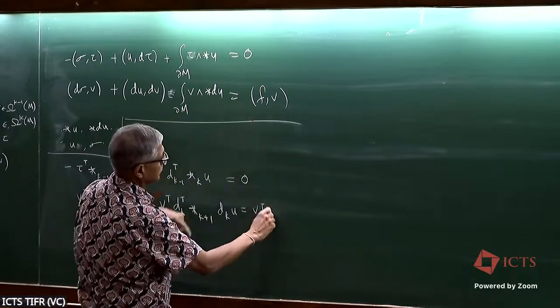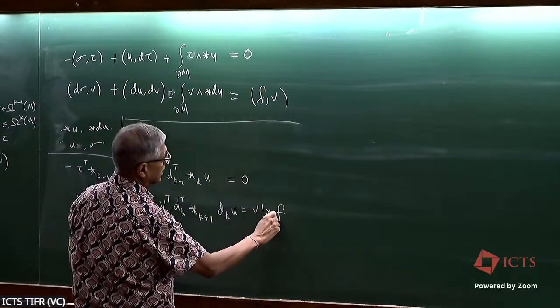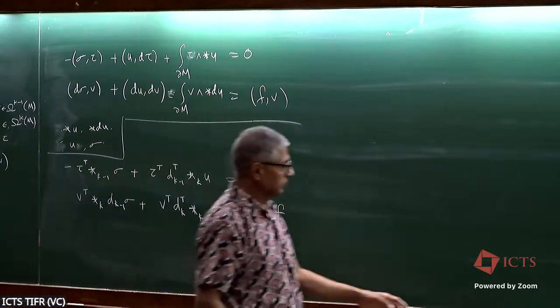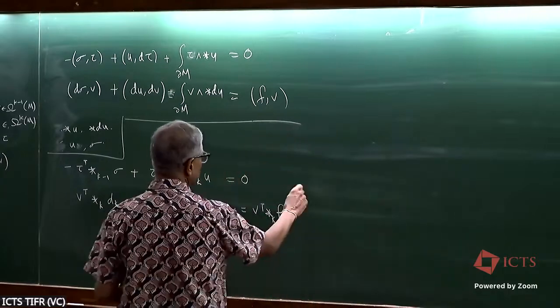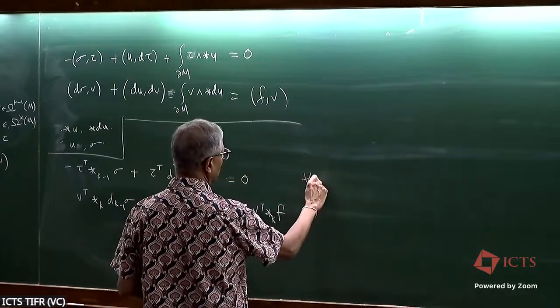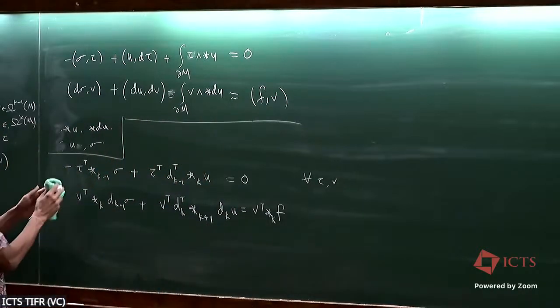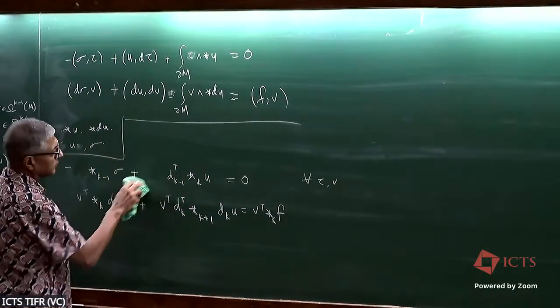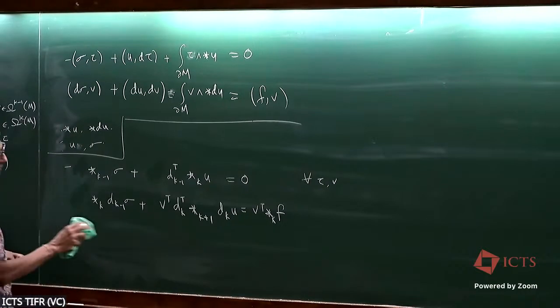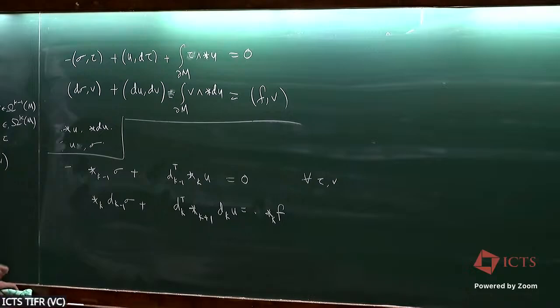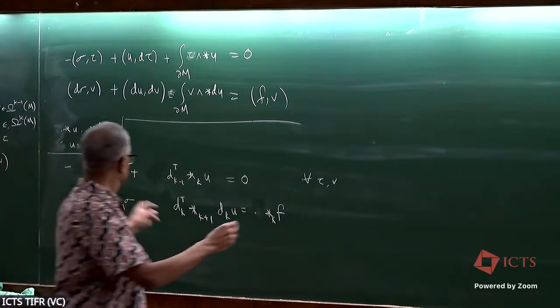v transpose star k f. And since we are doing the weak form, we want this to be true for all tau and all v. So in the linear system, we can drop this. And so the matrix that you get looks like this.